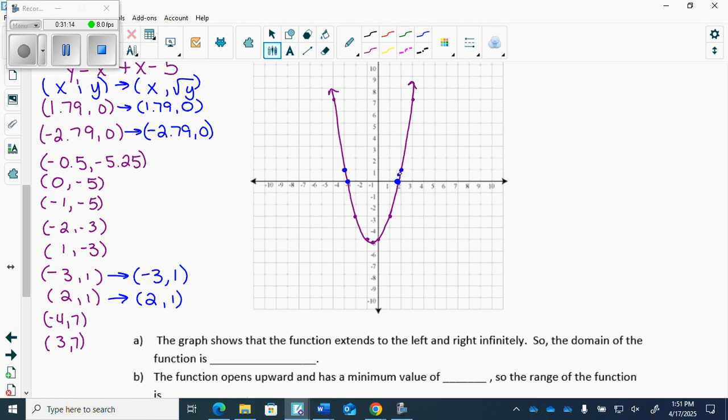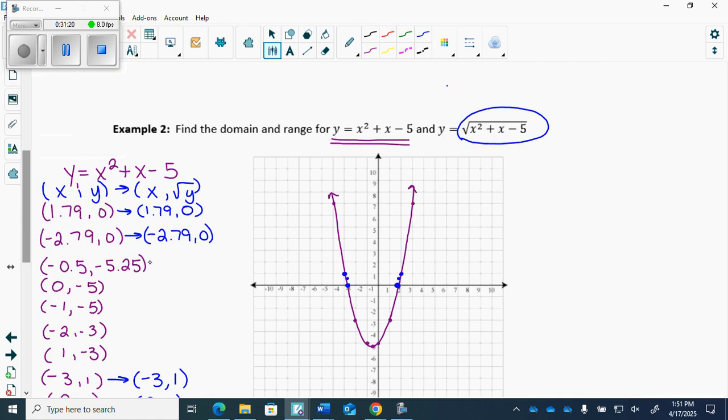0.5 goes a little higher. So these both go a little higher. What happens to all these negative ones? So like this one, it becomes negative 0.5 comma the square root of negative 5.25. What is that coordinate? It doesn't exist. Can't take the square root of a negative number, right? And then this one's going to become 0 and the square root of negative 5.